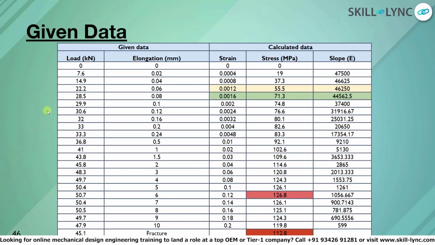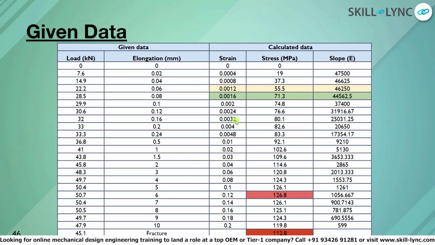Here you can see we have loads and we have elongation. With load and elongation, we will have our strain and stress. And strain is nothing but the elongation over the actual length. So the actual length is usually given for a problem, also termed as gauge length.